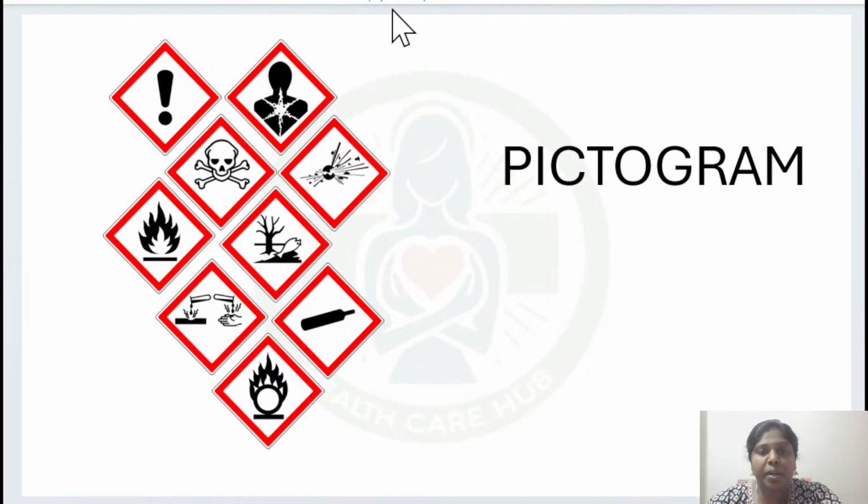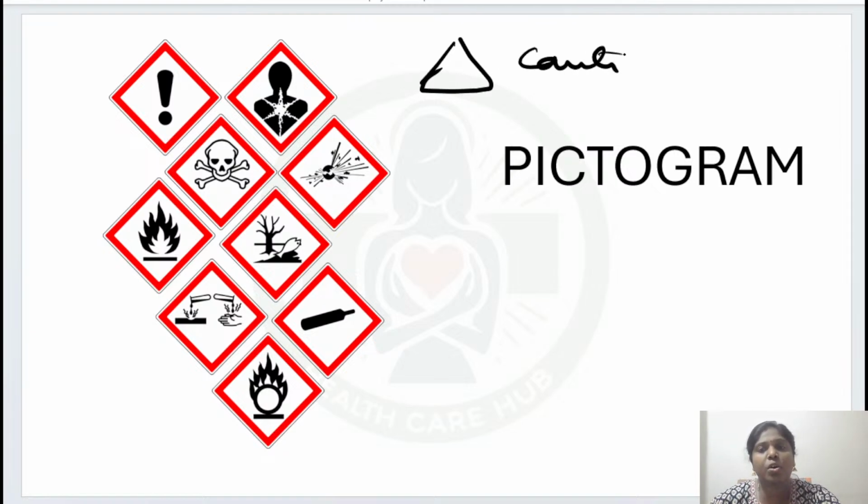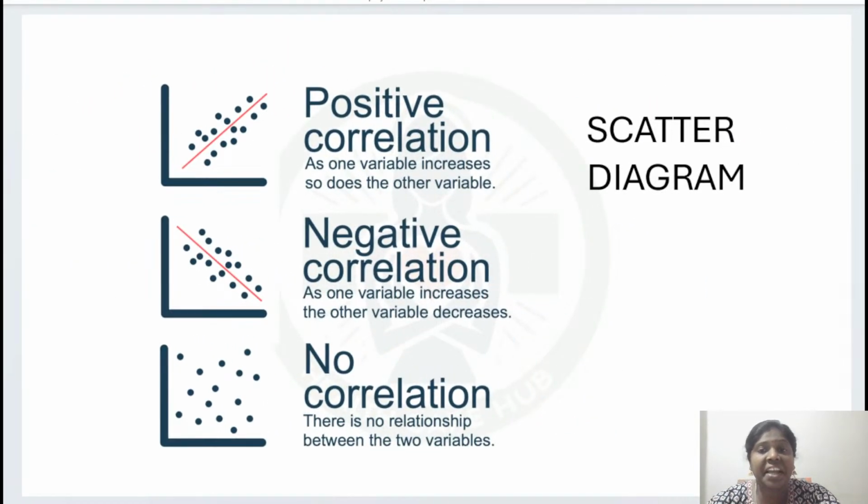So this is a pictogram. You might have seen pictograms especially on road signals. Just by looking at the signal, it indicates a caution. If it is in a triangle shape, it indicates caution. The other one is the scatter diagram. This is an example of a scatter diagram.